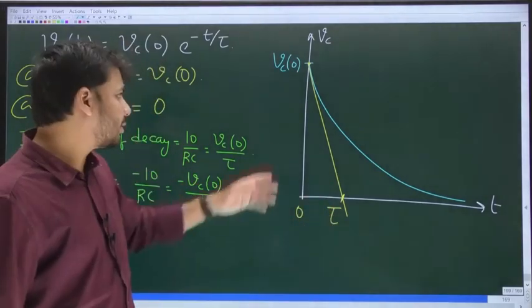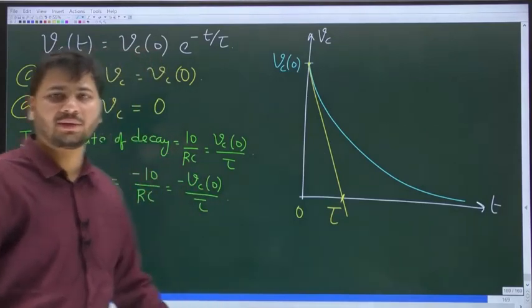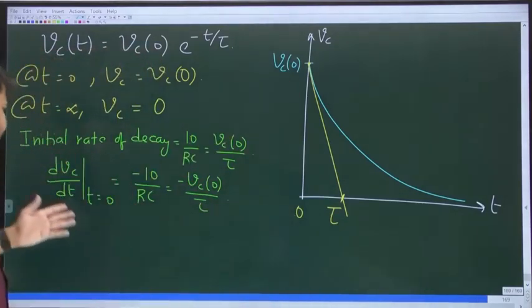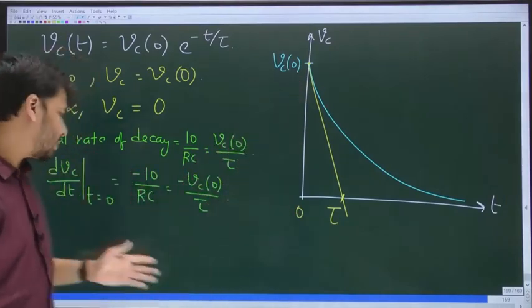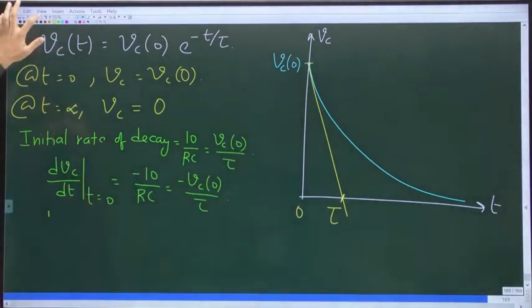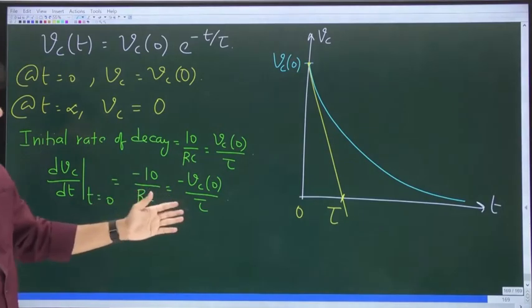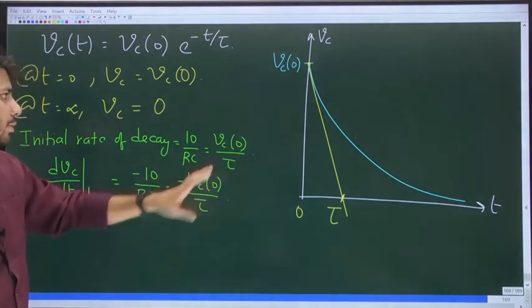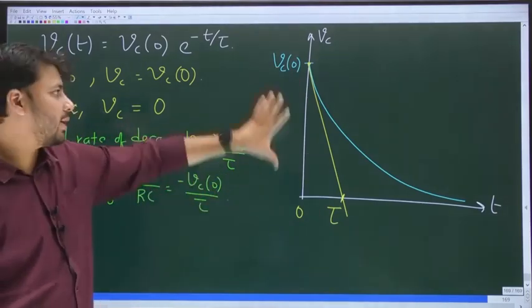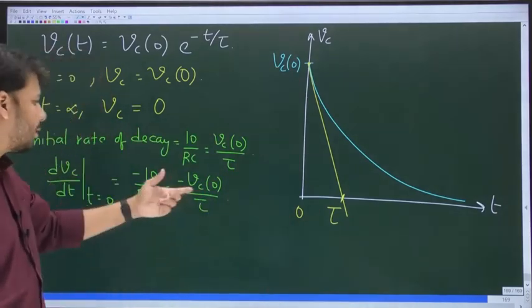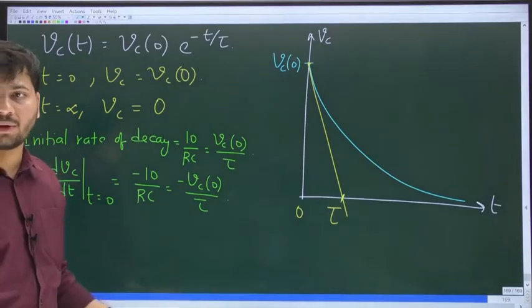It should be, because what is the slope of the tangent? Slope of the tangent is dVc by dt, with the tangent drawn at t equal to 0. So dVc by dt at t equal to 0, already we know, is minus Vc of 0 by tau. That means delta y by delta x for this yellow straight line is minus Vc of 0 by tau.